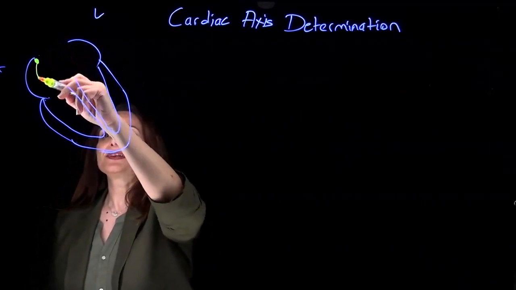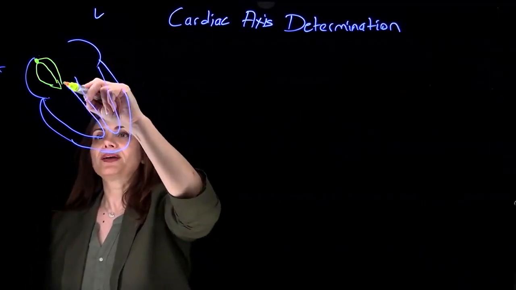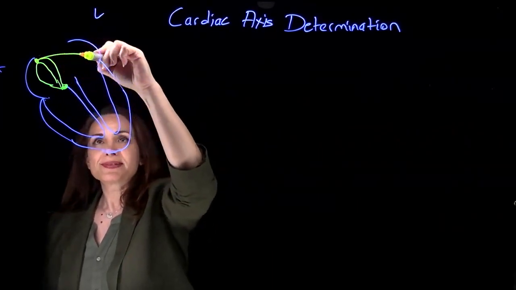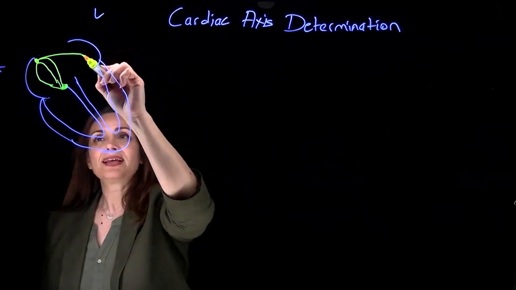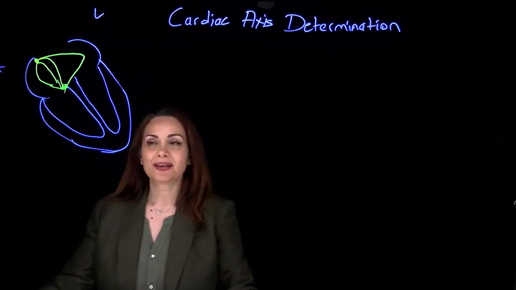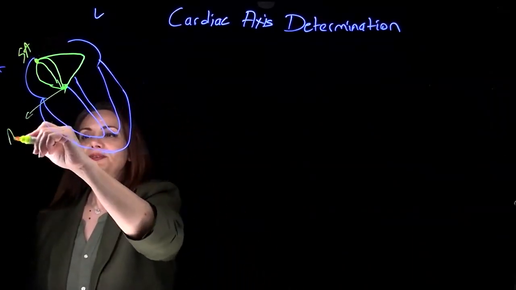From the SA node, the electrical activity goes through the conduction pathway towards the AV node, and with Bachmann's branch to the left atrium, and they all come back to the AV node. So the SA node is here, the AV node is right here.